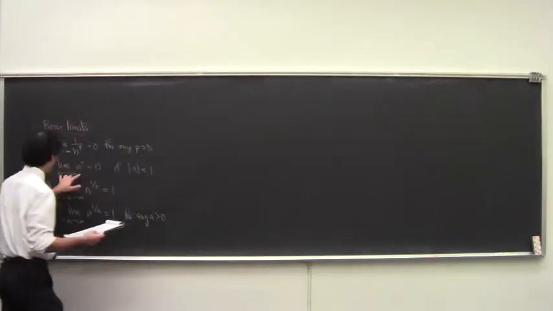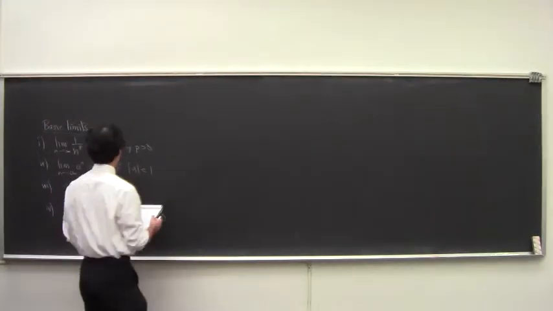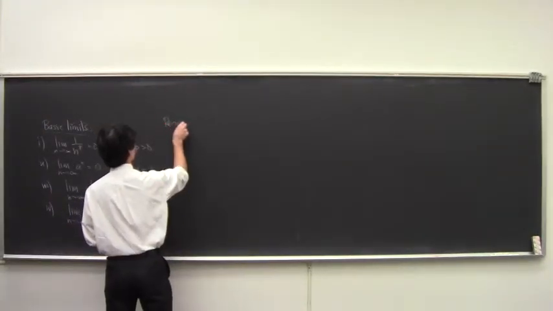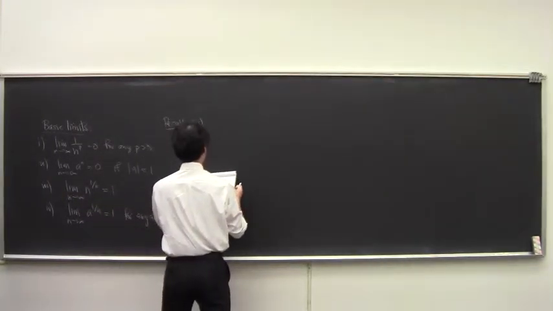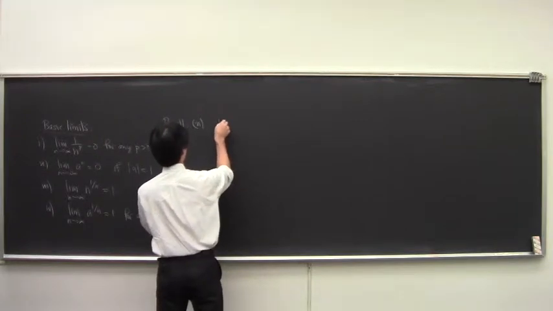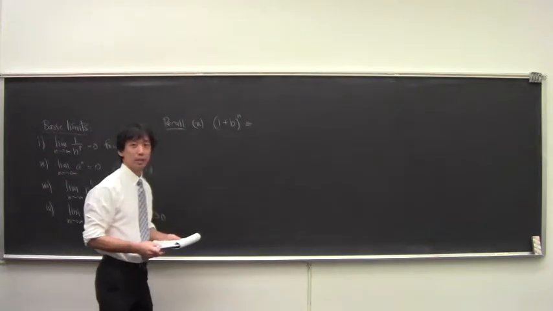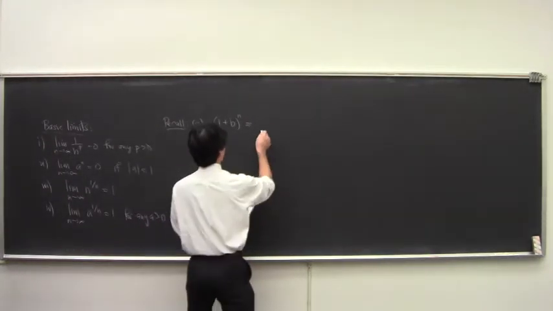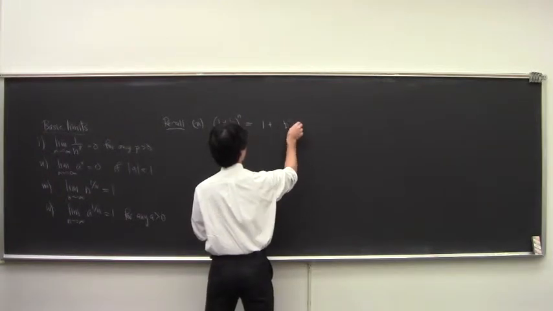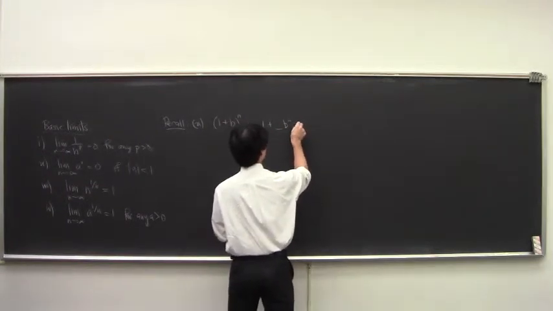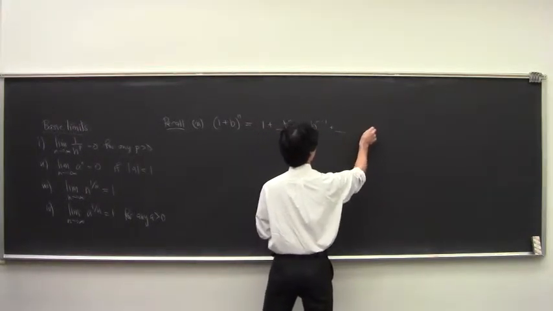So this one, you remember we did using the binomial theorem, right? To recall, in number 2, we used the binomial theorem, and we said, well, look, if you have 1 plus b to the n, what's 1 plus b to the n?